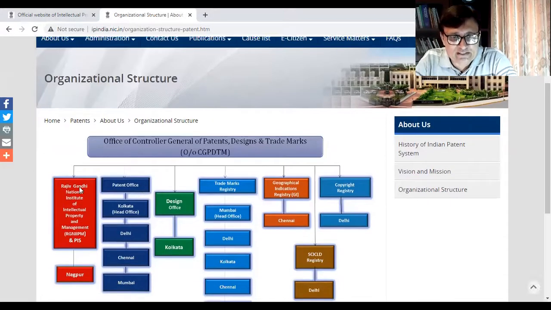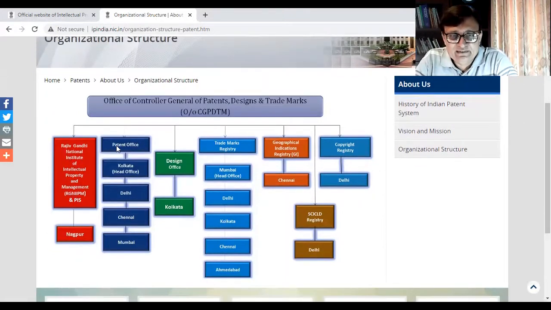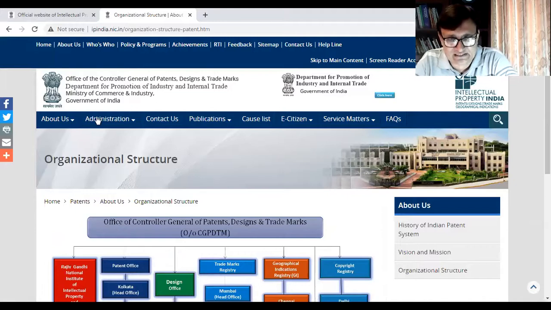The office is located at the Rajiv Gandhi National Institute of Intellectual Property Management. Then the patent offices, Kolkata office, Delhi office, Chennai office, Mumbai office, and then the design offices and trademark registry. All these components are explained here regarding the organization structure.